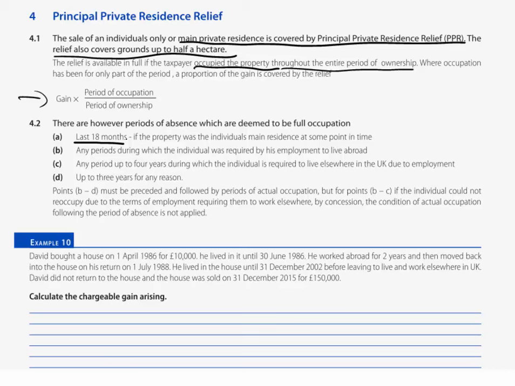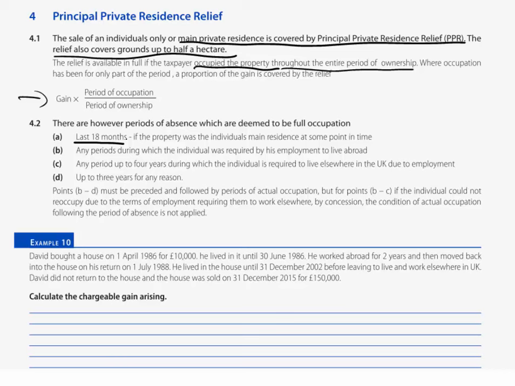Now, where might that somewhere else be? It might be that you go to work and live abroad. And there, very good news, any periods during which the individual is required by his employment to live abroad will be classed as deemed occupation. You could be, of course, required to work elsewhere in the UK.